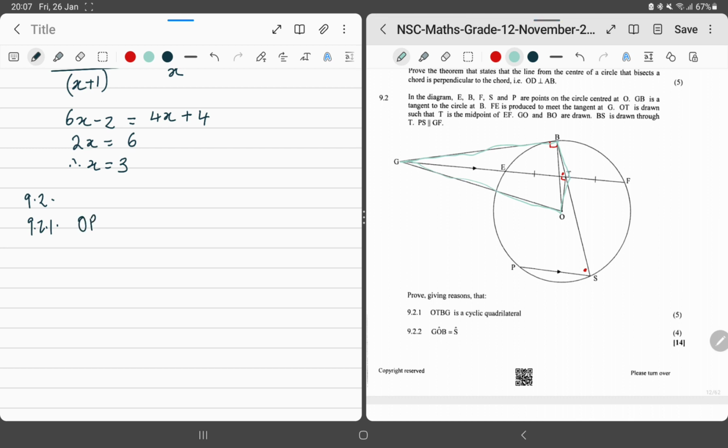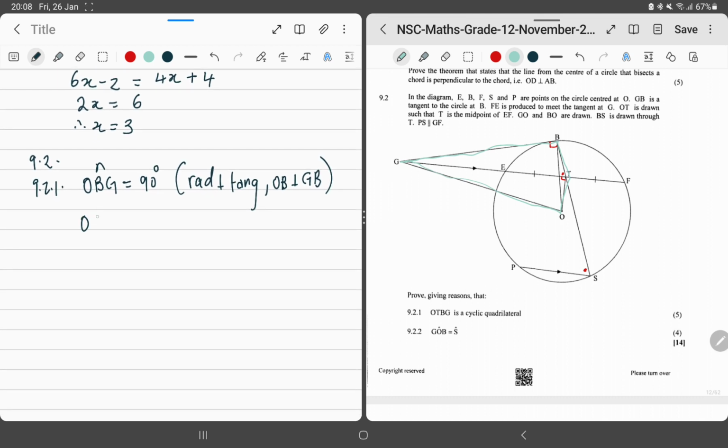OBG is equal to 90 degrees. And then we'll say that the radius is perpendicular to the tangent. OB perpendicular to GB.